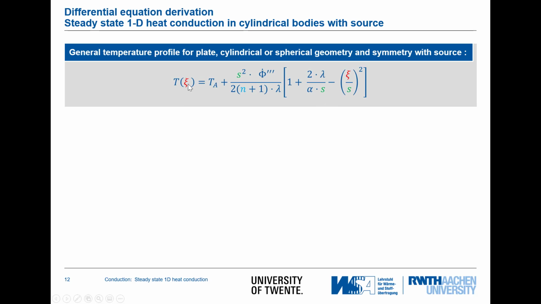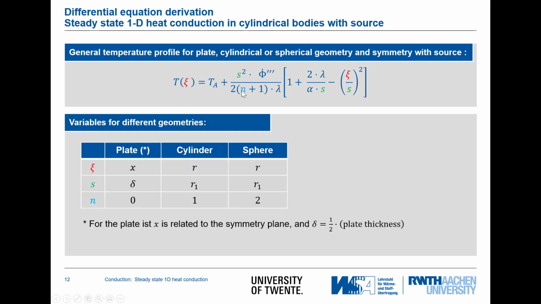So now the temperature, depending on zeta, which is a free parameter, is equal to T_A plus another expression. And this expression depends on two different variables, the variable s and the variable n. And these variables depend on the different geometries.